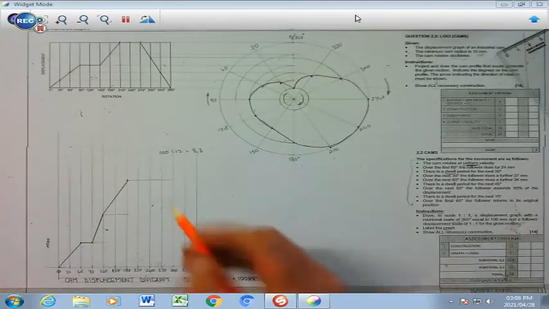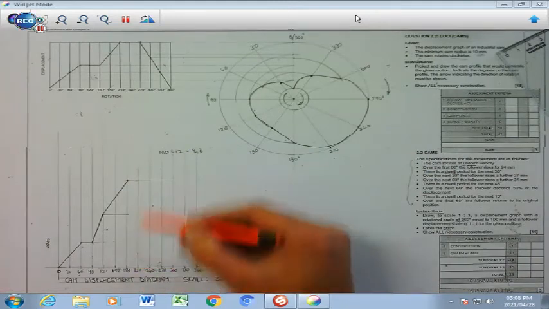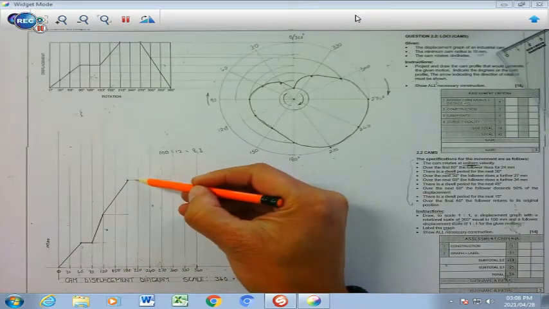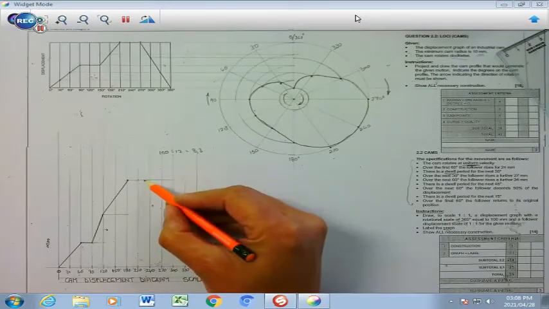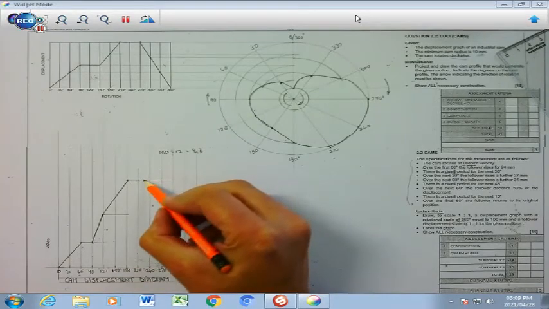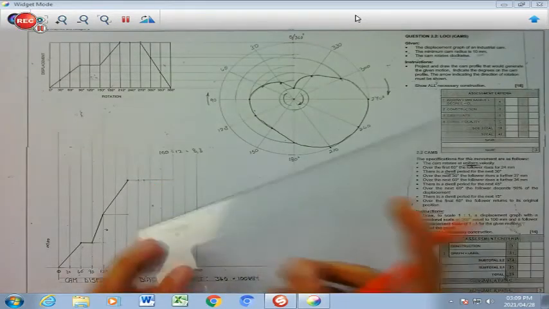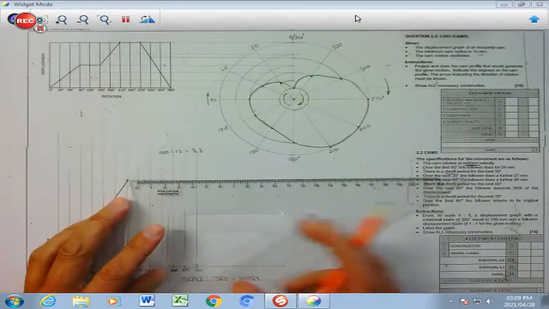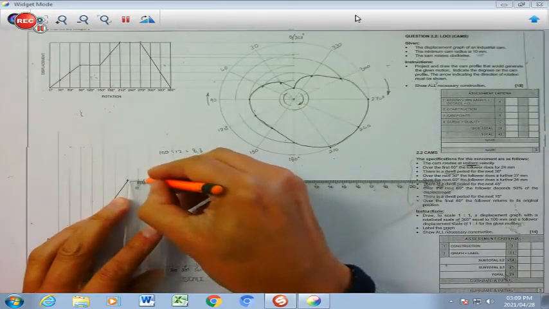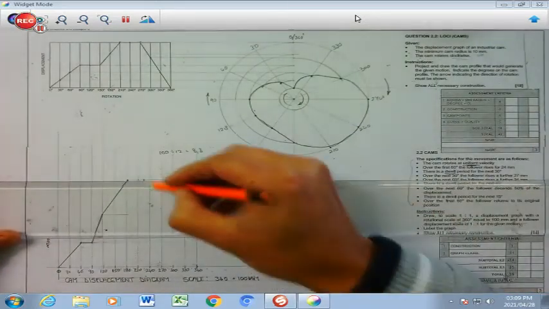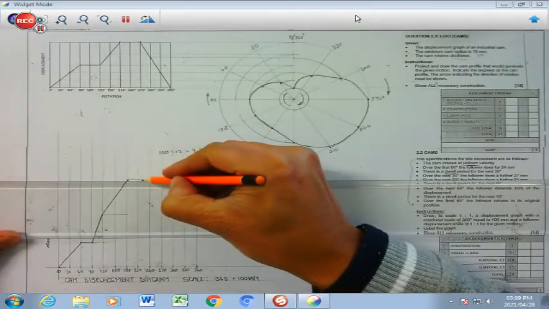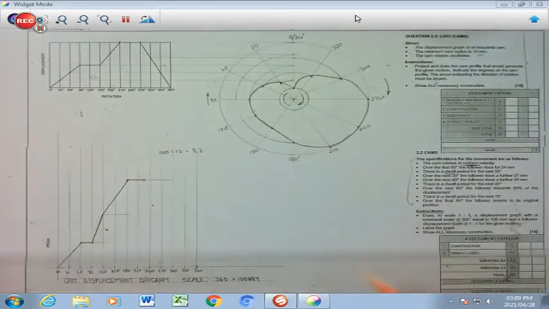So 45 means that it is going to be 30, there's the 30 degrees, and 45, the difference between 45 and 30 is 15, and 15 would be halfway there. You can either gauge it or you can measure that, which is going to be literally 4 millimeters, and I'm going to draw a line to that specific point over there.